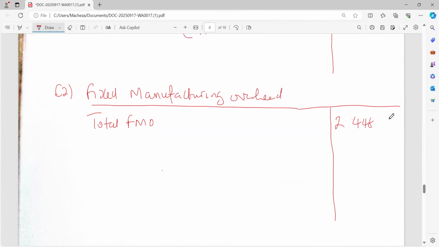Then we less the variable cost. To make it easy, we already calculated our variable cost per unit.